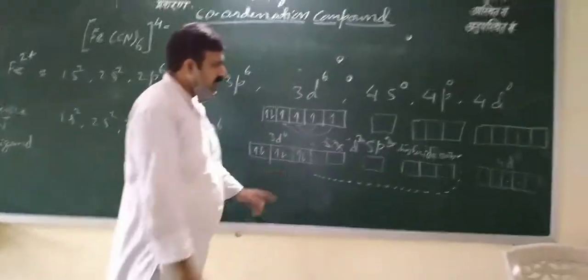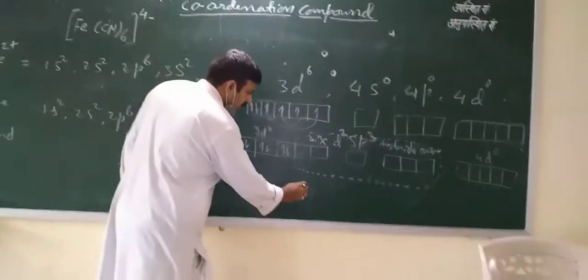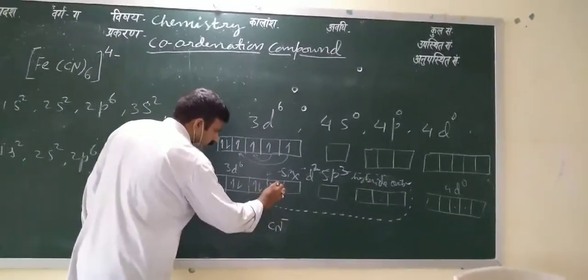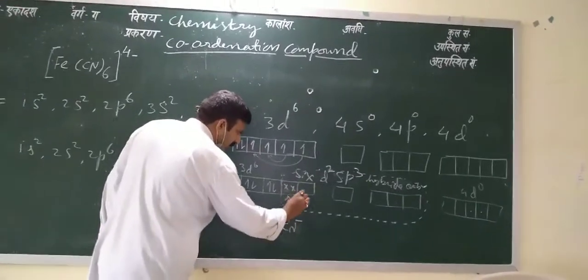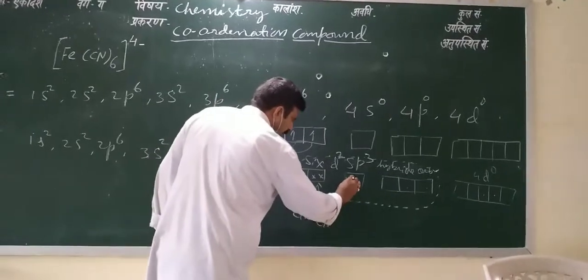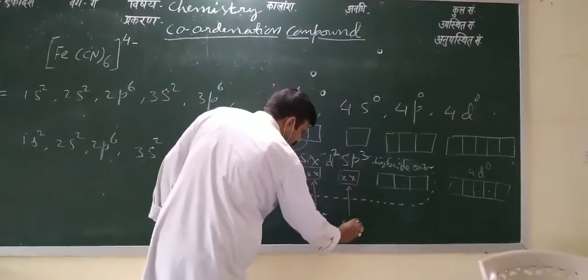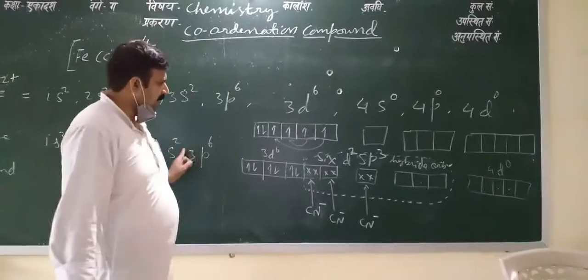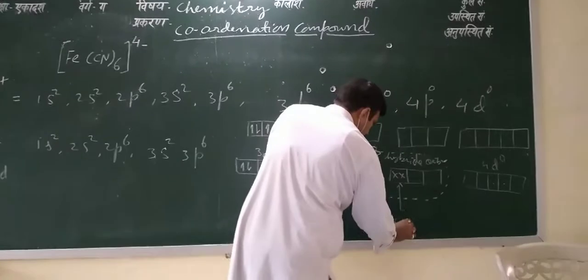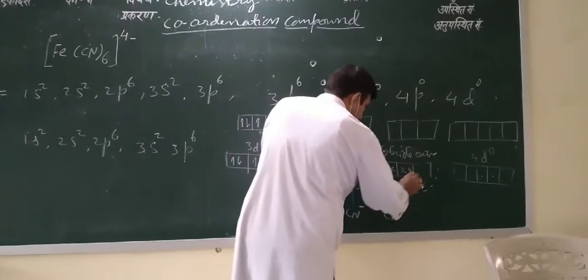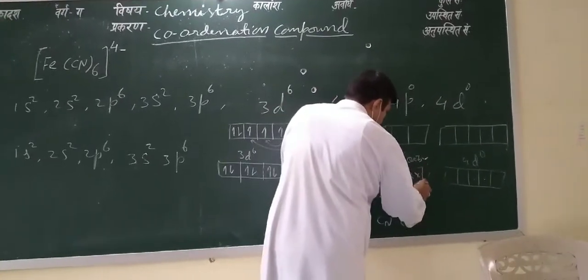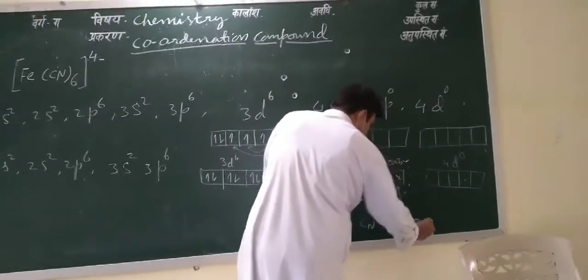Now the 6 CN- ligands will donate their lone pair electrons into these hybrid orbitals and form 6 coordinate bonds and form the [Fe(CN)6]4- complex ion.